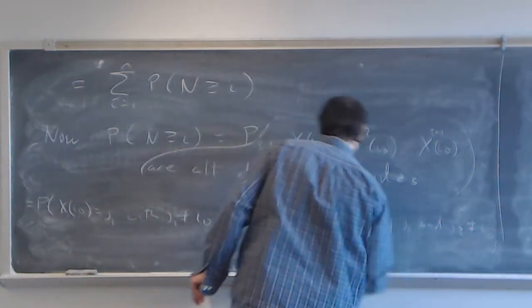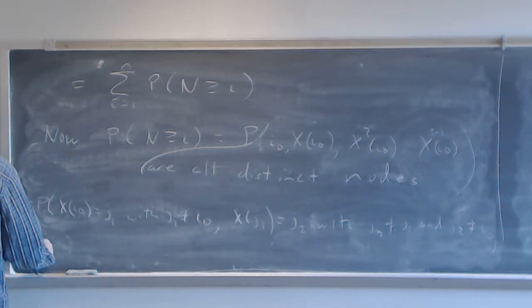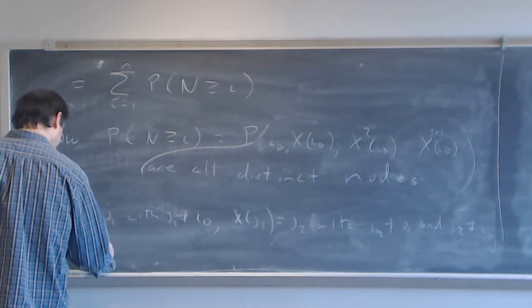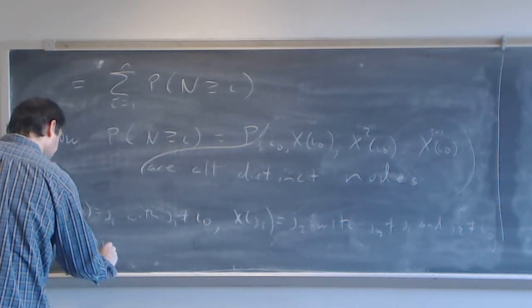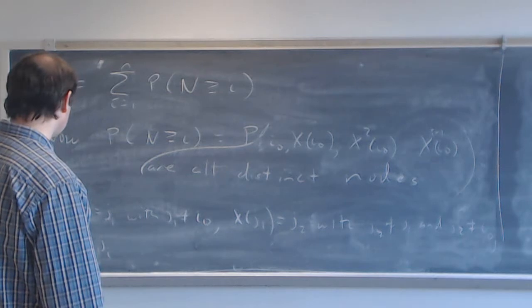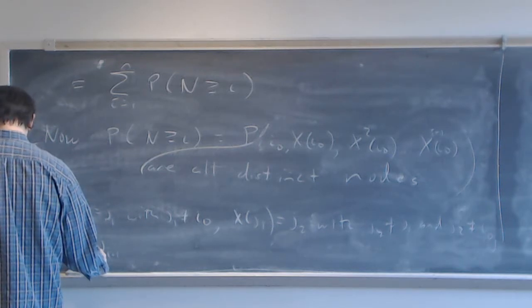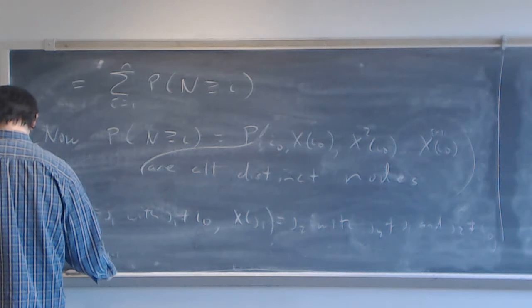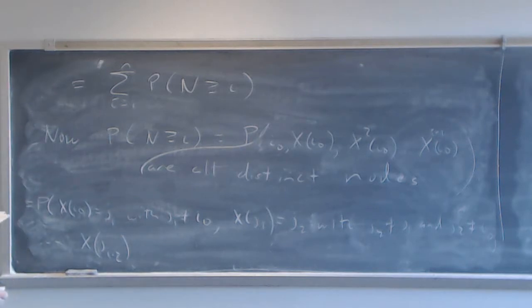And we keep going, all the way up to the power I minus 1. Let me write down x of j sub I minus 2. So that's what I have.